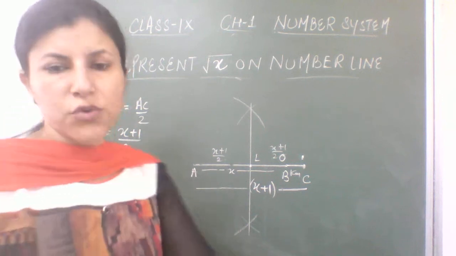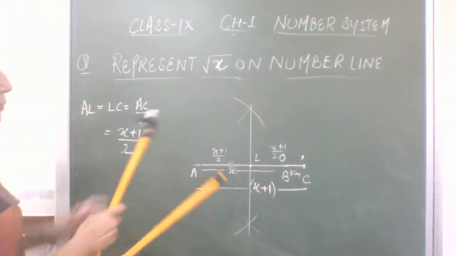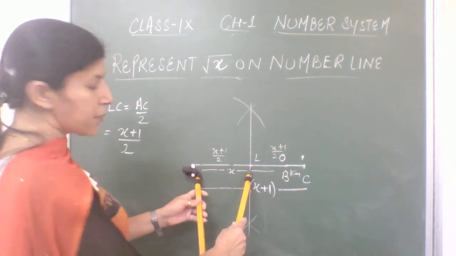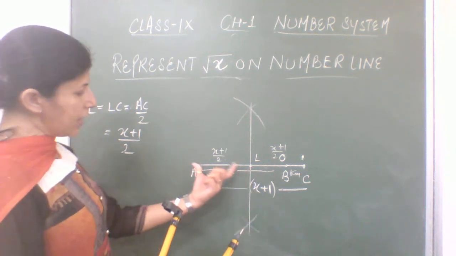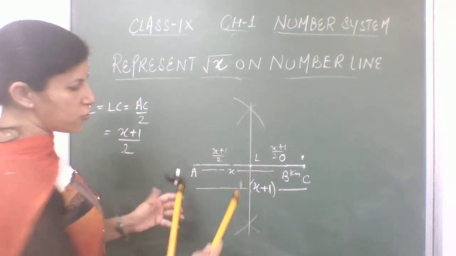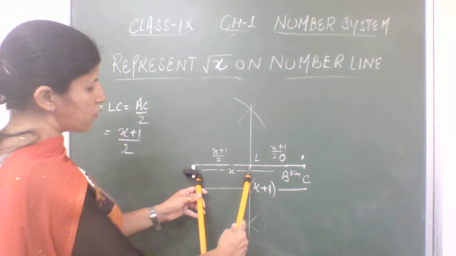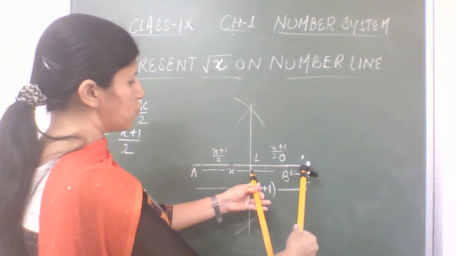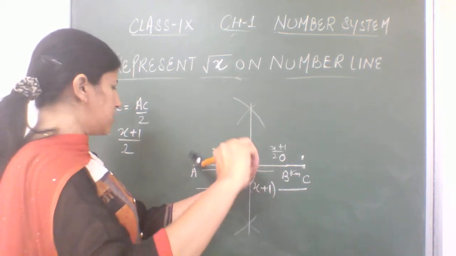Now what we have to do next? We have to draw perpendicular. अब हमने perpendicular कितने रेडियस? Perpendicular नहीं, we have to draw semicircle. अब हमने जो semicircle draw करना है उसका रेडियस कितना रखा है? AL. AL means x plus 1 upon 2. The radius of this semicircle is x plus 1 upon 2. और इधर से भी कितना रेडियस है? x plus 1 upon 2 means L we have to take as our center and draw a semicircle.